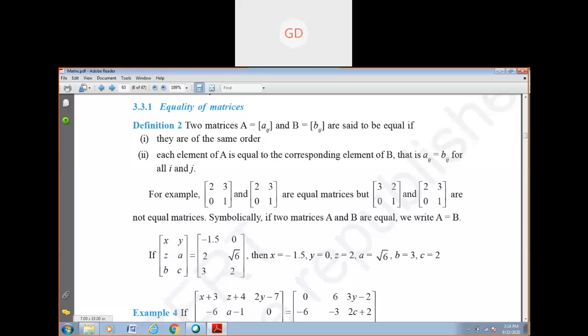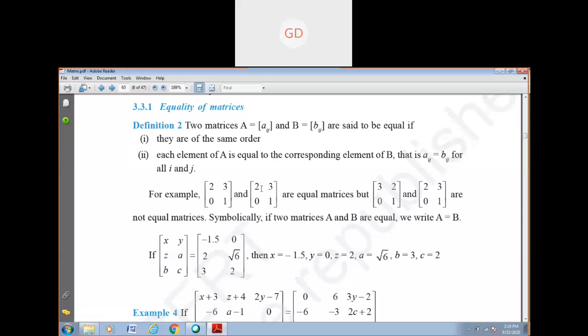Corresponding elements means, you see here, the definition you can understand very simply. First of all, two matrices must be of same order, first condition, and second condition is their corresponding elements must be equal.